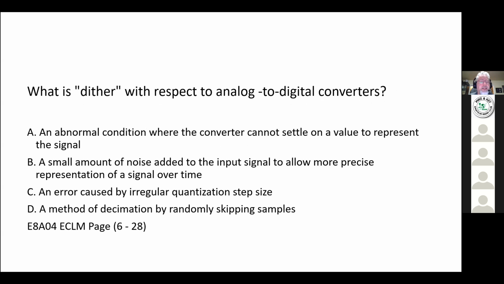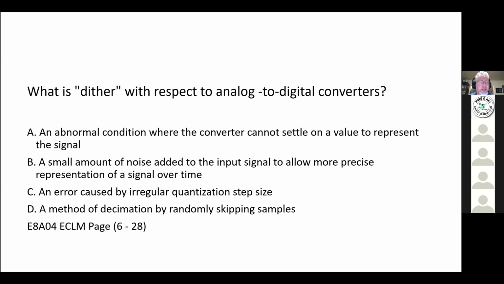What is dither with respect to analog to digital converters? A, an abnormal condition where the converter cannot settle on a value to represent the signal. B, a small amount of noise added to the input signal to allow more precise representation of a signal over time.